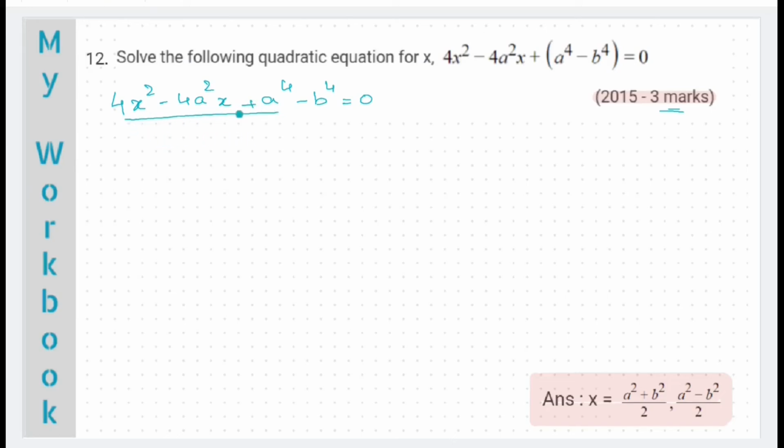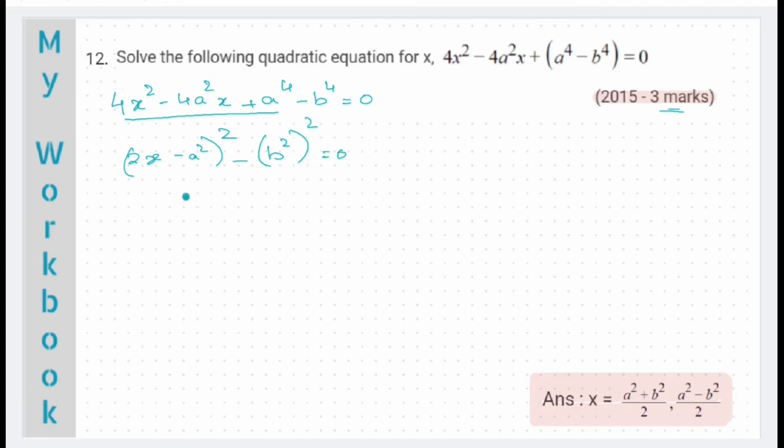First three terms can be written as 2x minus a square the whole square. Because when we expand, we will get 4x square minus 4a square x plus a power 4. We are left with b power 4, which can be written as b square the whole square.